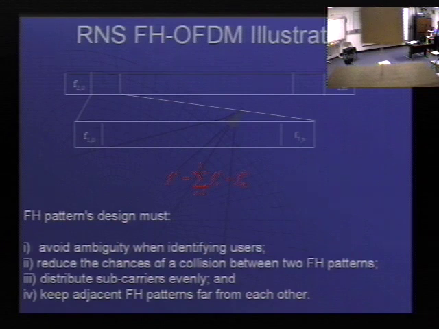So what we propose is a two-stage frequency hopping mapping, RNS or residue number system. You can think of the whole bandwidth as divided into m sub-pieces. It's just like when you represent a floating number: you have the integer portion and the decimal portion.